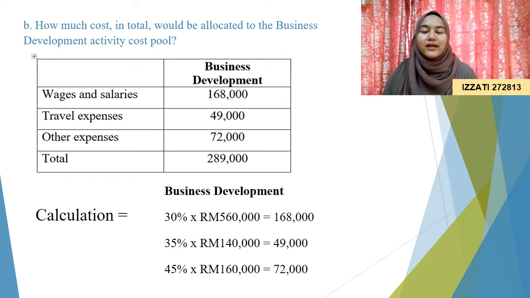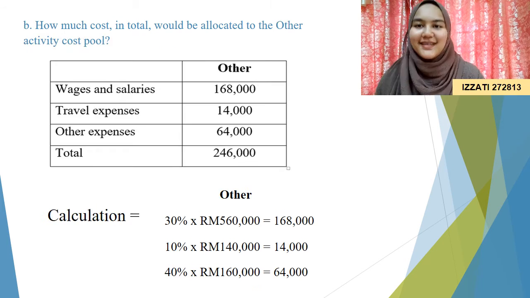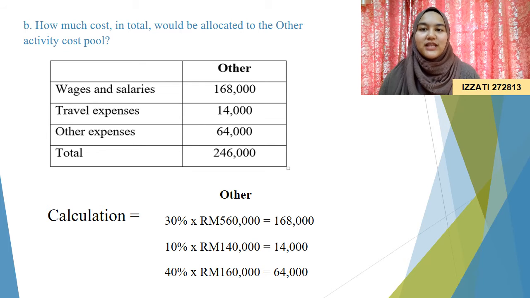Then you can calculate it. For example, 30% times 560,000, 35% times 140,000, and another 45% times 160,000.